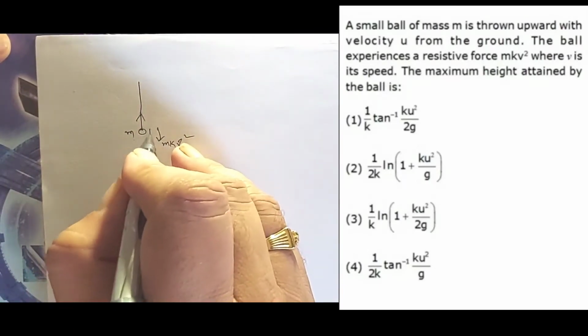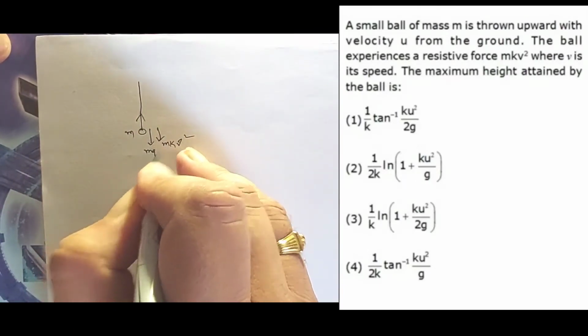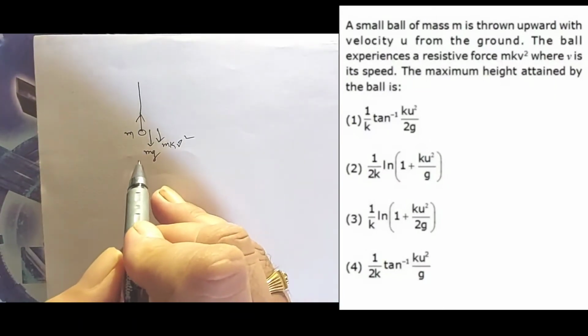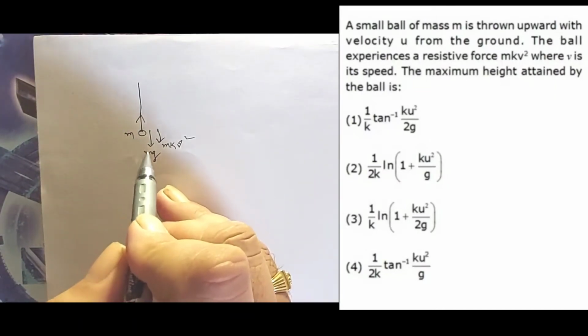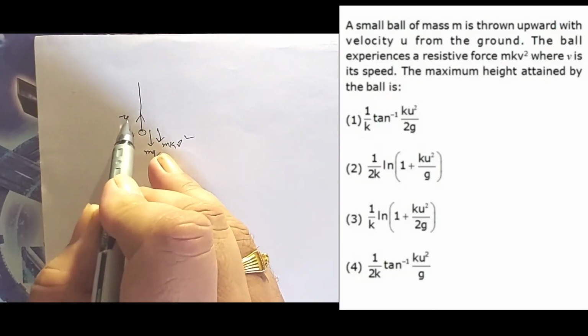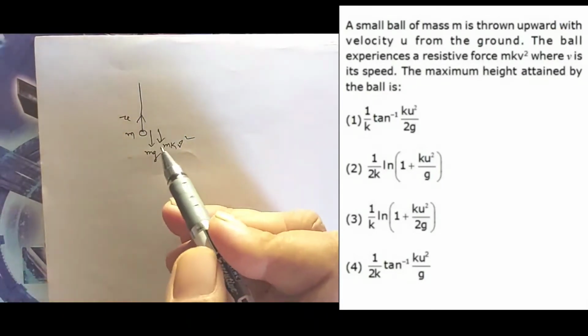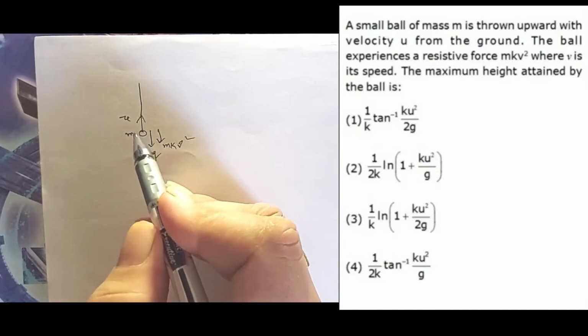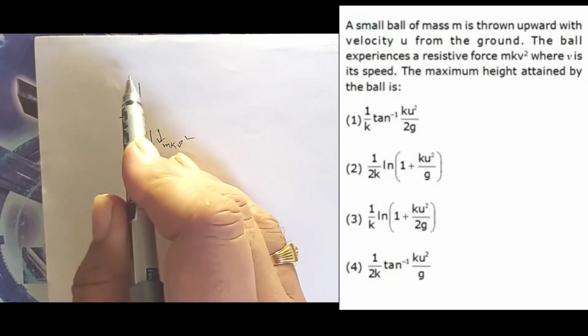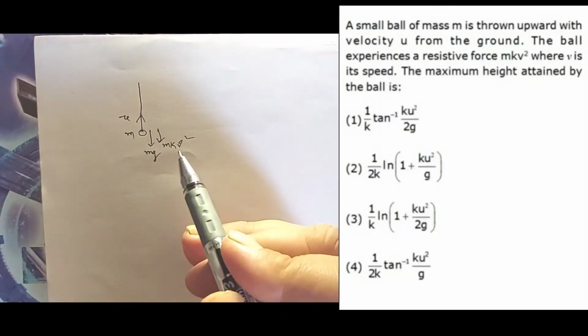And there is another force acting vertically downward, the weight of the ball, mg. So this ball is moving up against these two forces. The initial velocity of the ball is u. Definitely the ball is going with retardation. Somewhere its final velocity becomes 0.